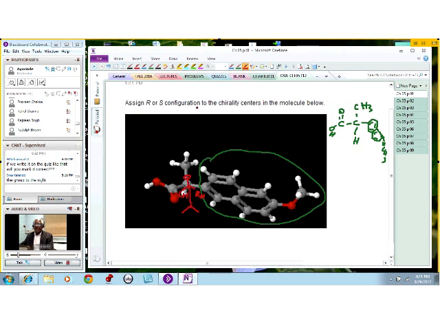Keep in mind the question they are asking you is to assign the absolute configuration, R or S. So what you want to do is to determine the absolute configuration and simply tell me whether this is R or S. So our focus is not on the structure. Okay, so let us now do the assignment.